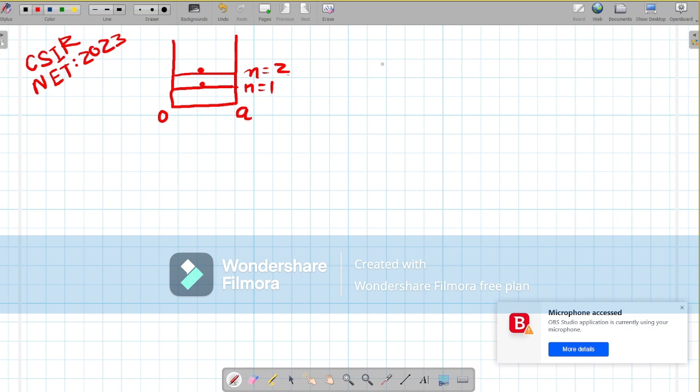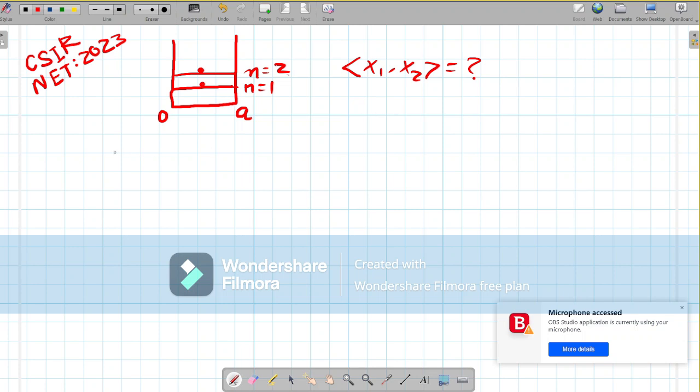In the question, it has been asked to calculate the expectation value of x1, x2. So now let us proceed for the solution.